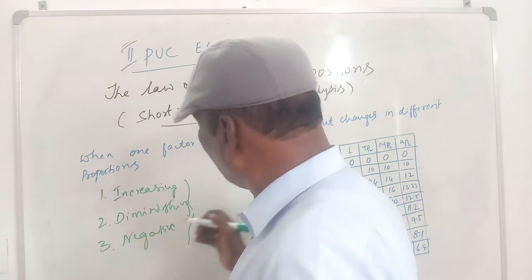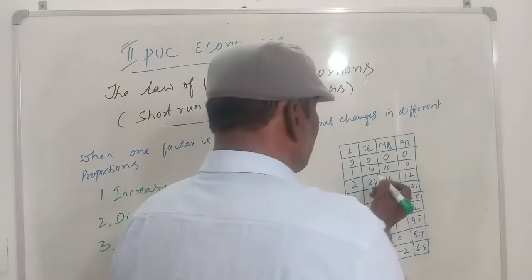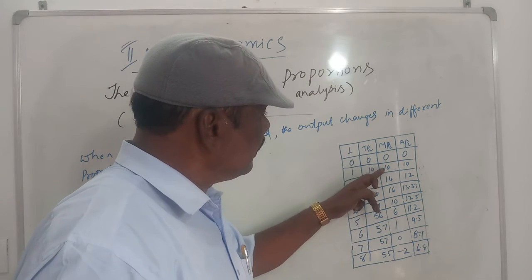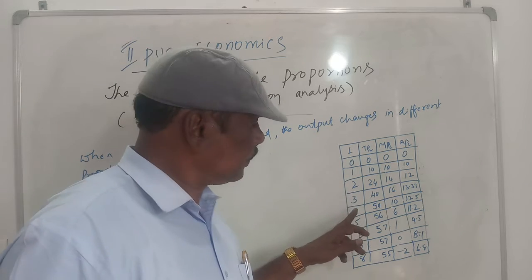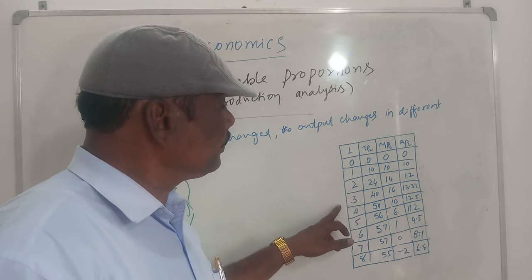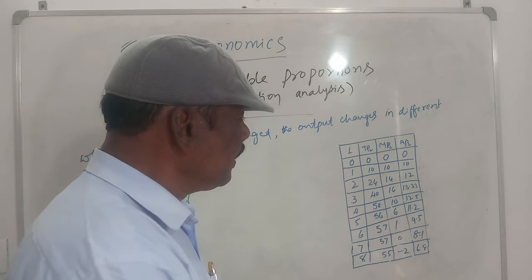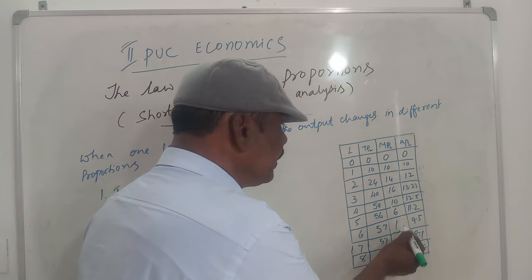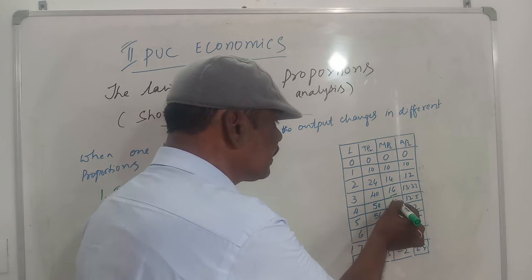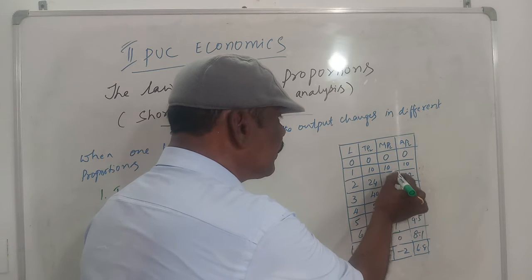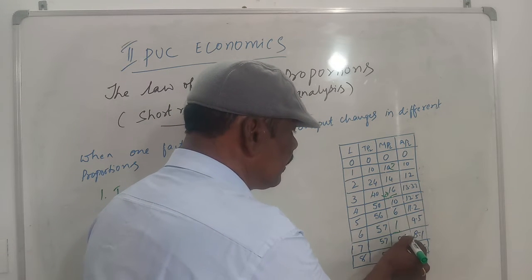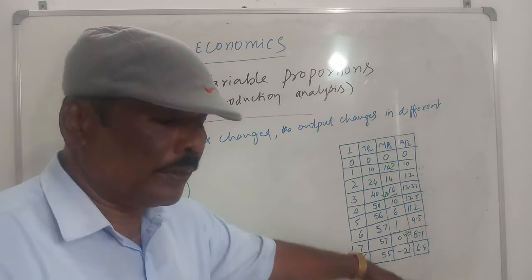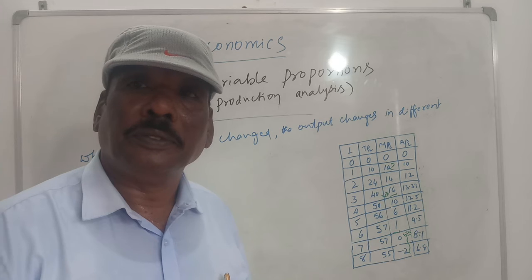And here what we see, the marginal product increases till the third factor of labor, and then it starts falling. This is the second stage, and this is the first stage, and this is the third stage, where it becomes negative.